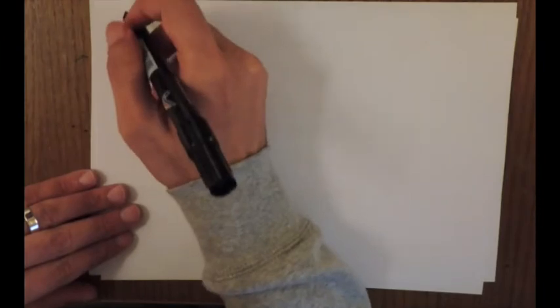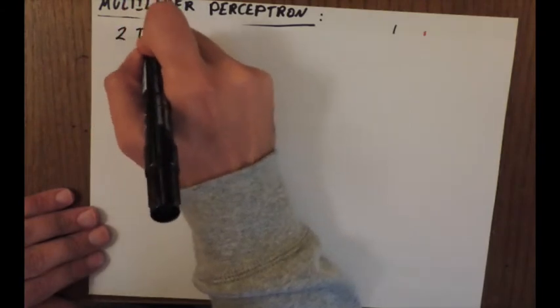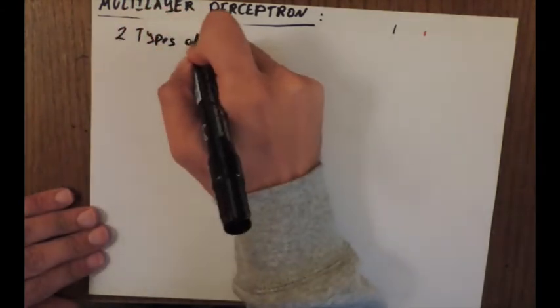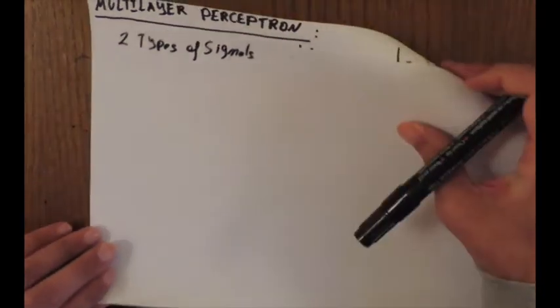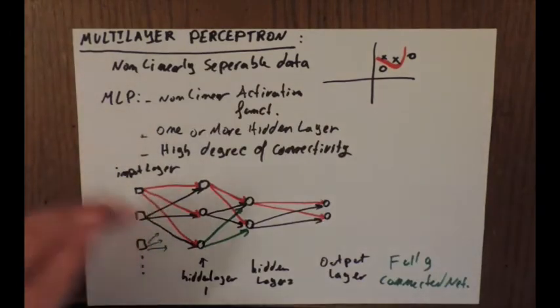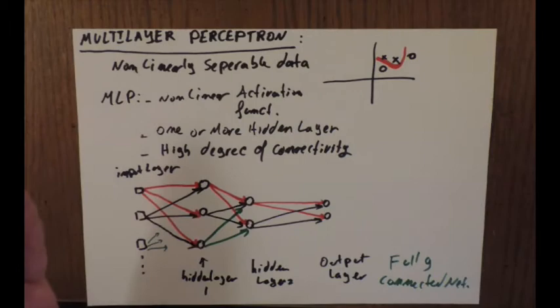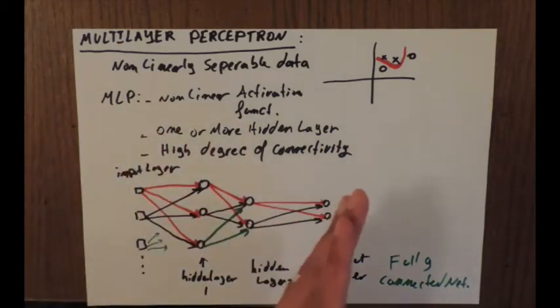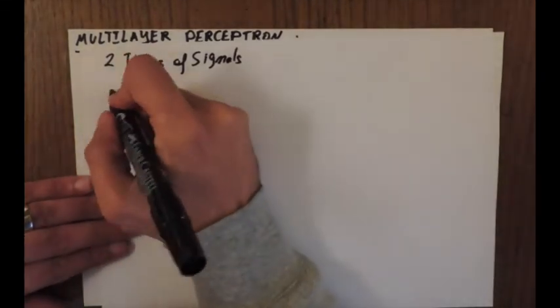So there are two types of signals. If you look at this, we have functional signals going from the hidden layer 1 to 2 to the output, and error signals going back.